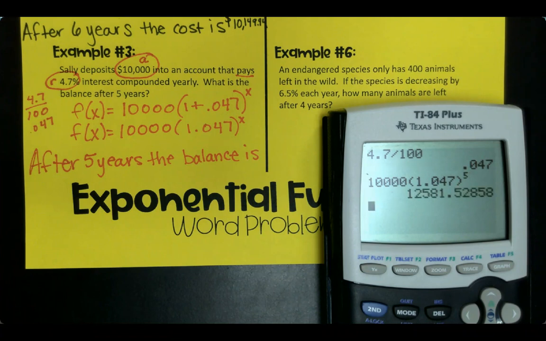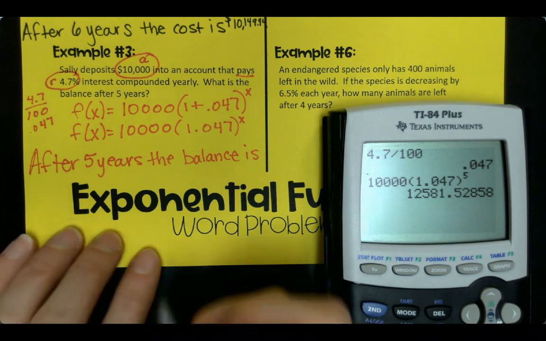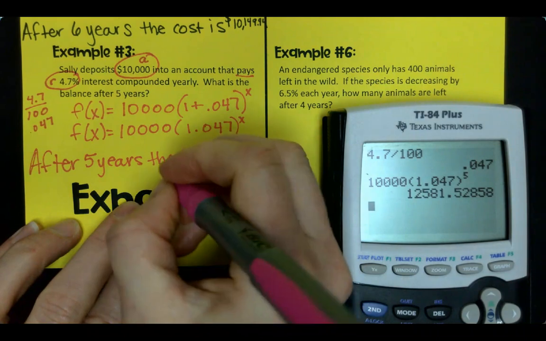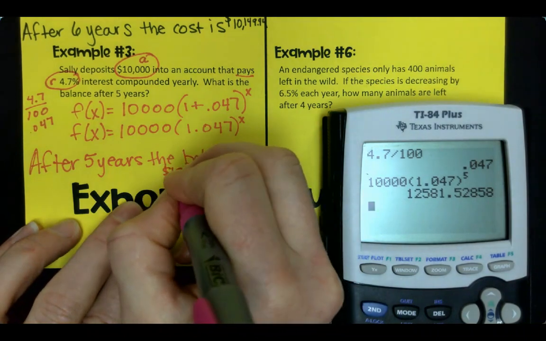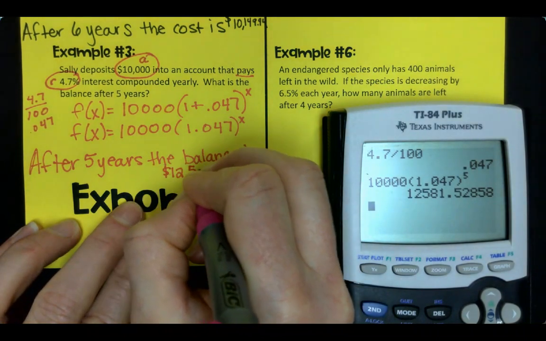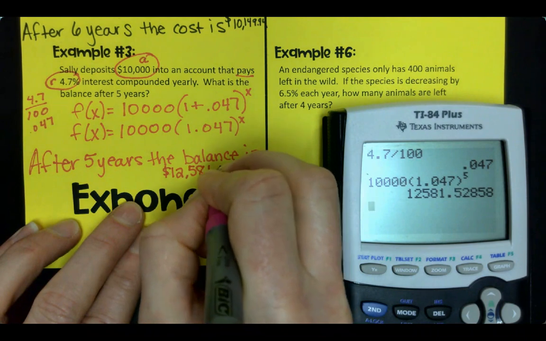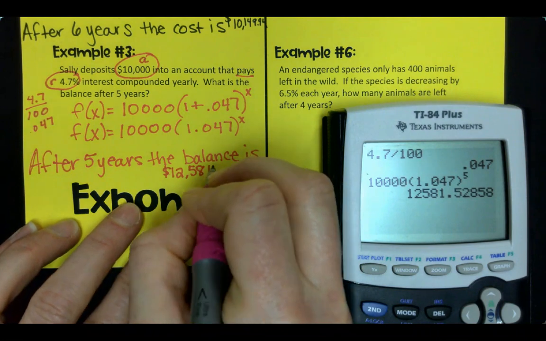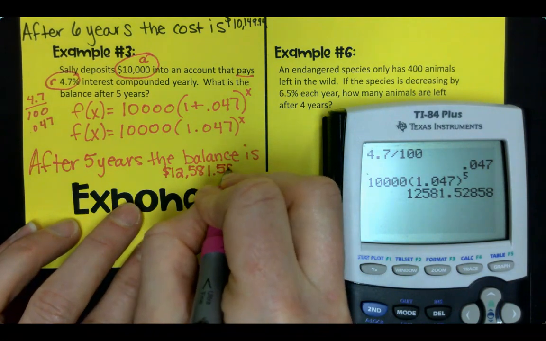And this is money again, so we're going to go two decimal places. 12,581 point, going two decimal places, that'd be $12,581.53.